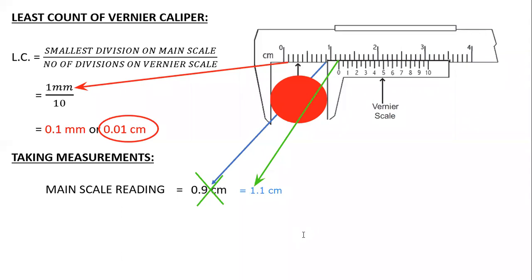So this is your main scale reading. Is the first part clear? Any doubt? Whenever we calculate the main scale reading, you need to check where the zero of the vernier scale is coinciding with the main scale.